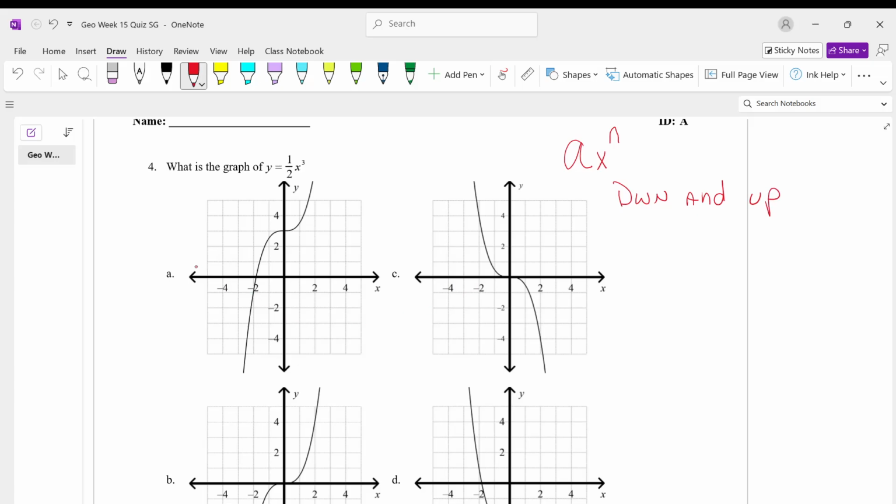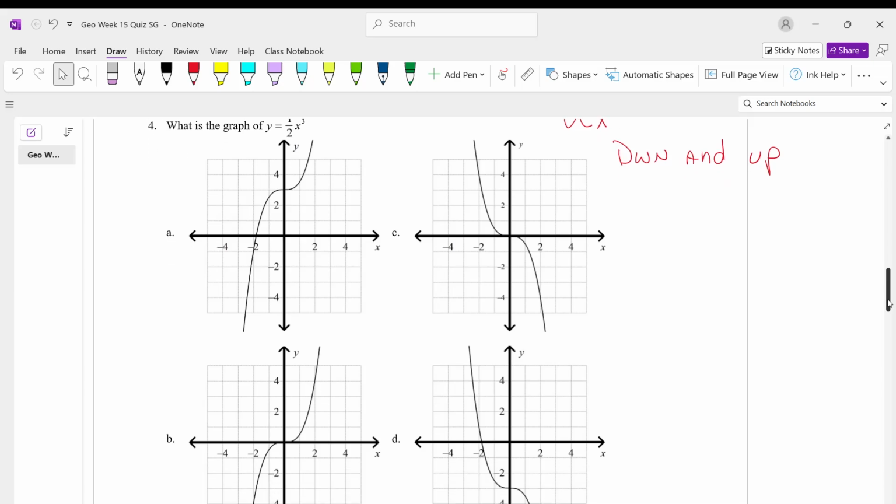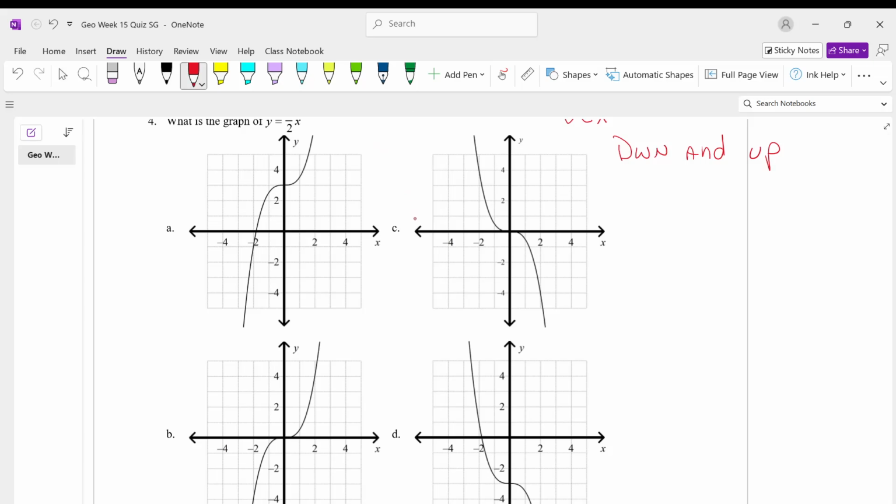So answer choice A is a possibility. There's only 2 graphs that go down and up, agreed? Answer choice C goes up and down, so that's not an option. Answer choice D goes up and down, that's not an option. So it's only these 2 options.